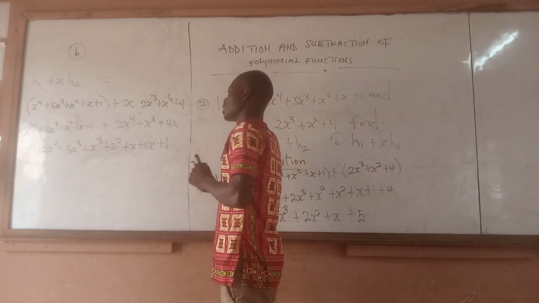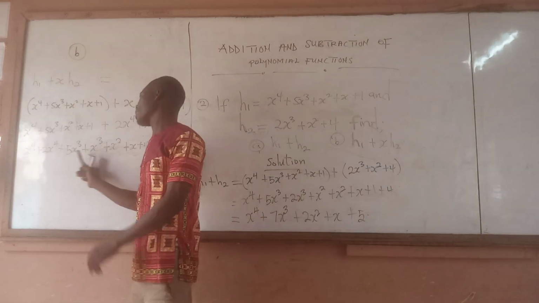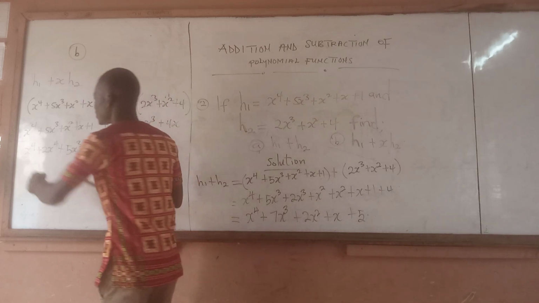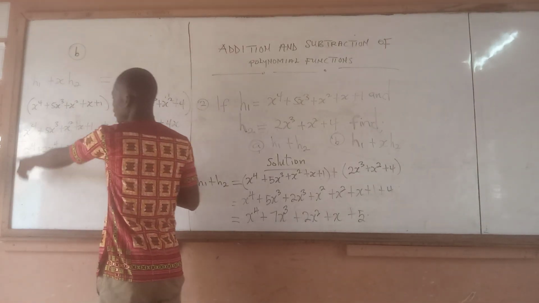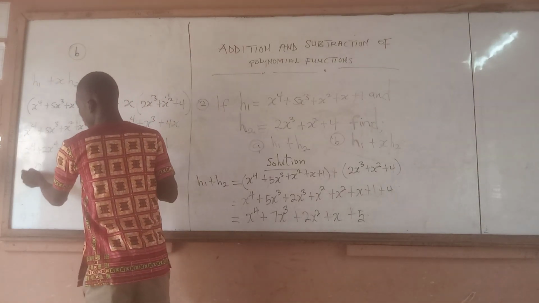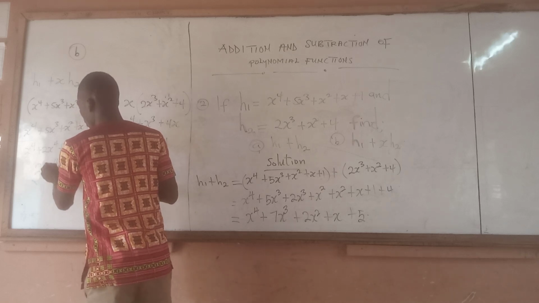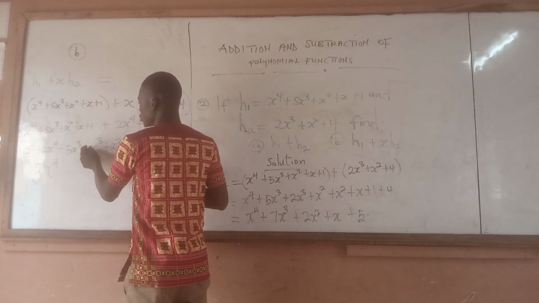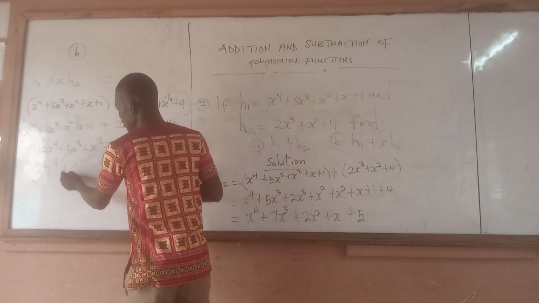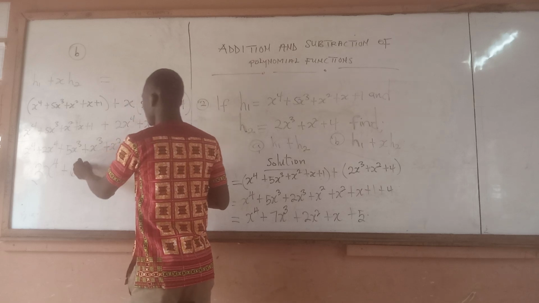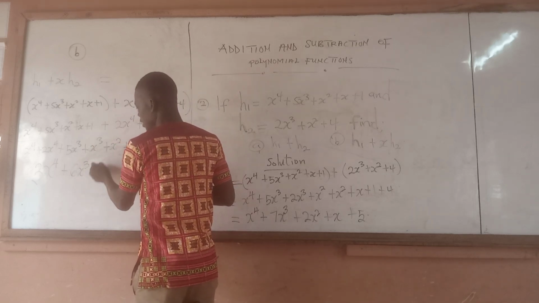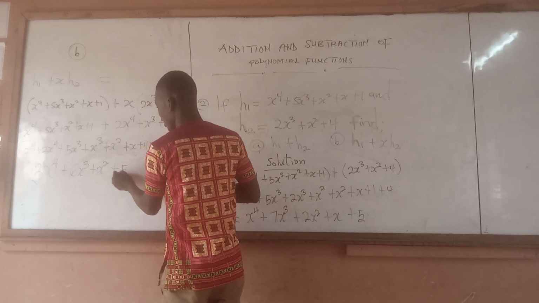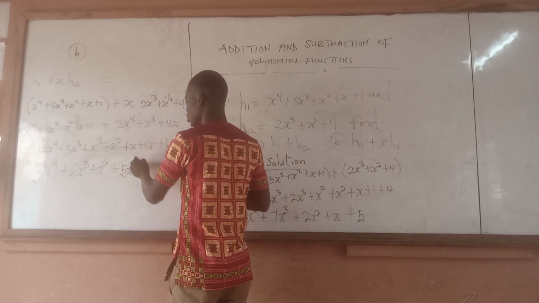So now let's take our time and add everything to get our final answer. The coefficient here is what? 1. So 1 plus 2 is 3s power 4. 5s cubed plus s cubed, coefficient is 1. So 1 plus 5 is what? 6s cubed plus s squared. s plus 4s is what? 5s plus 1.